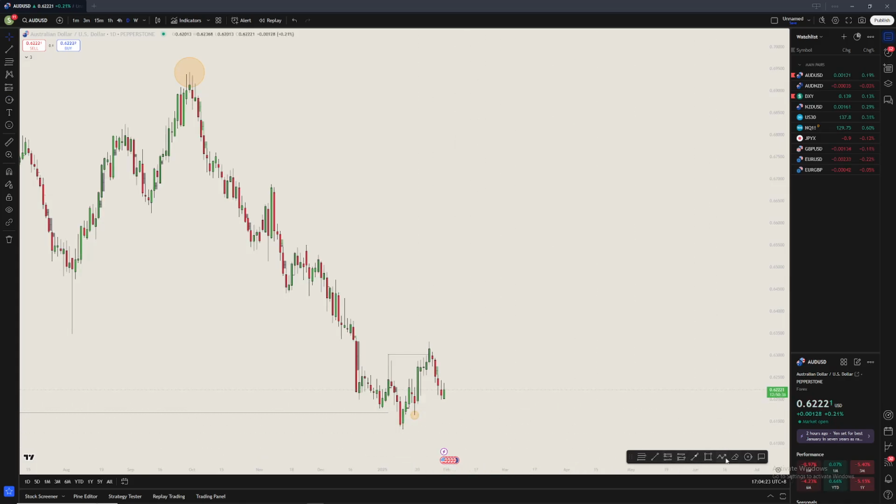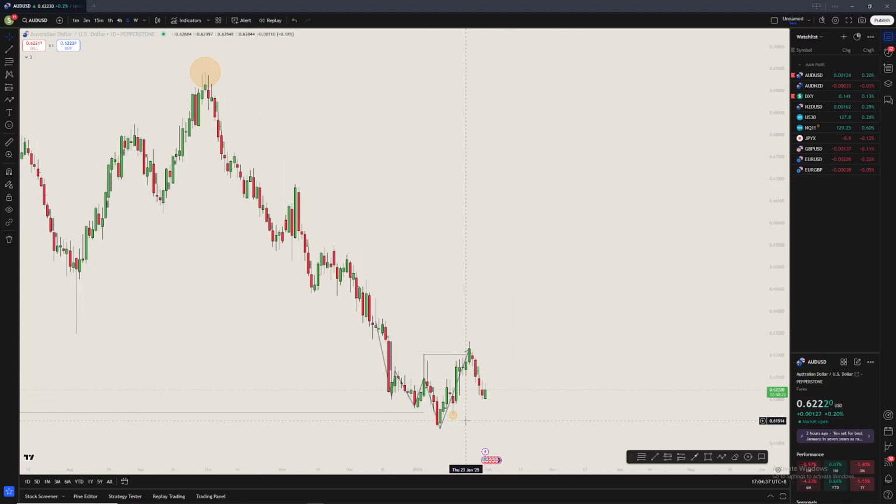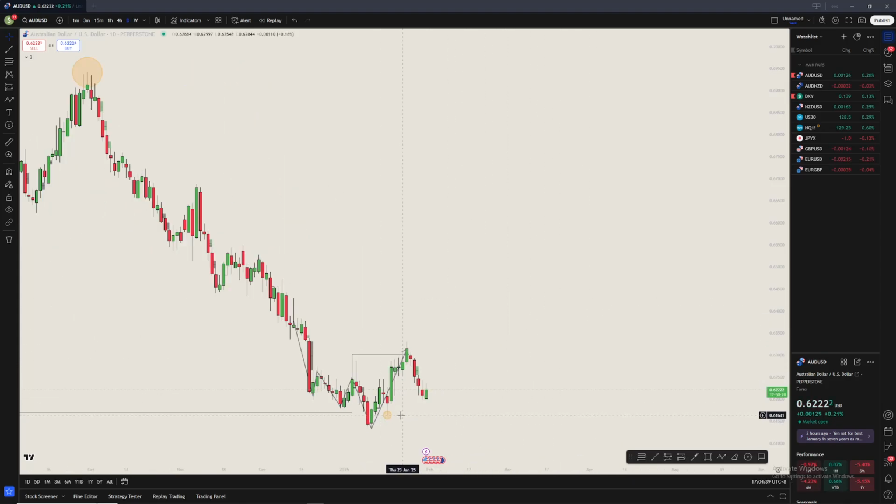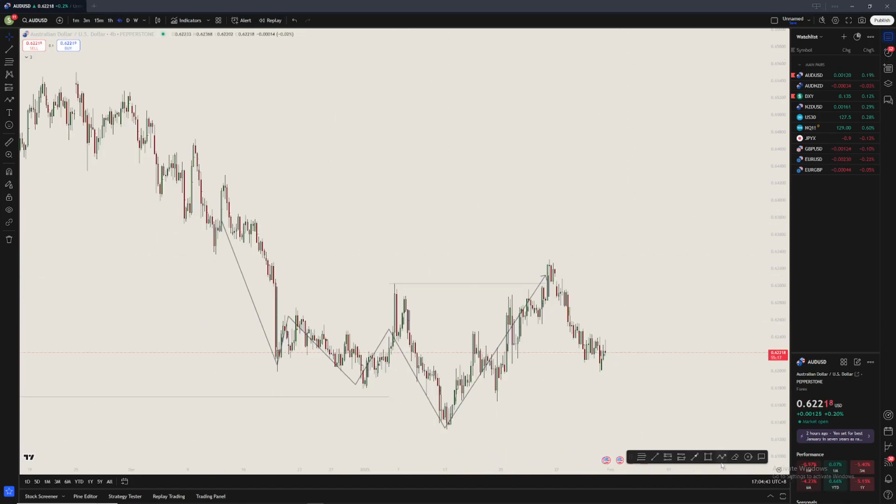Because what are we doing? If we draw a structure, we haven't gone like this, like this, like this, but we went here, right? And the immediate weak low will be here. If you go down to the hourly, what is your hourly structure looking like?